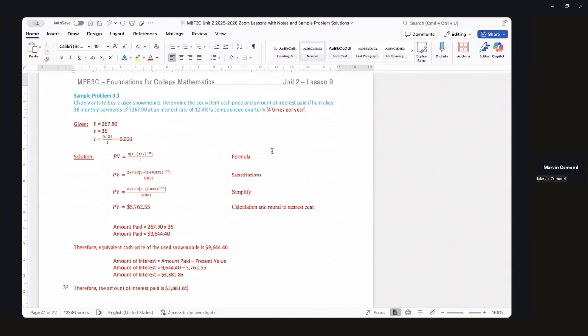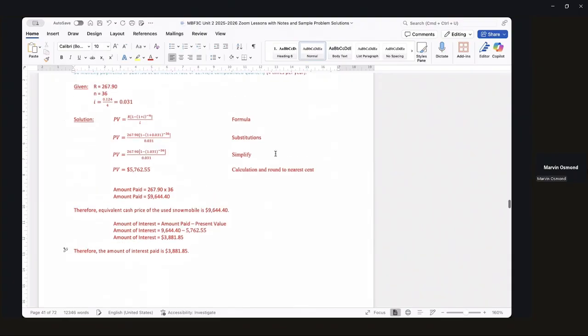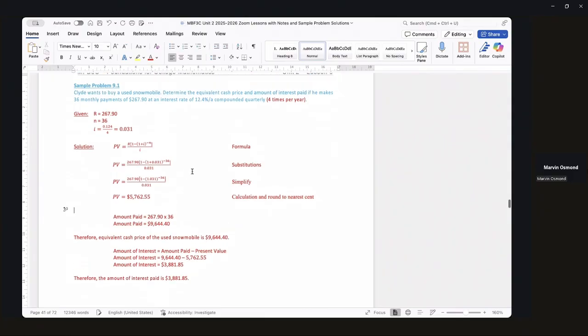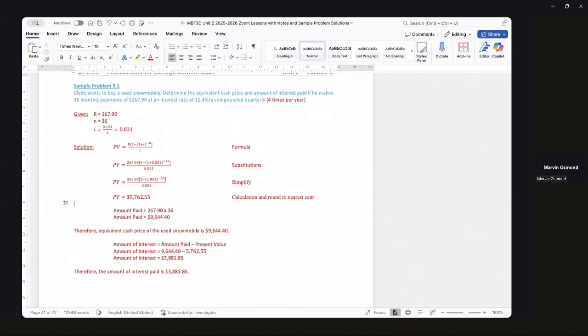Again, the approach is to write the formula down first, then do the substitutions, simplify where you can, and then figure out how to enter those values into the calculator. I've double checked, triple checked my numbers, and I've done this problem many times, so I'm pretty confident those numbers are correct.